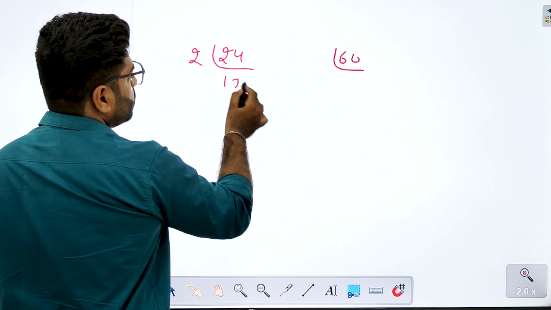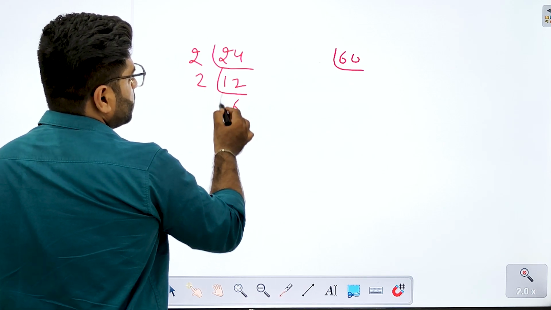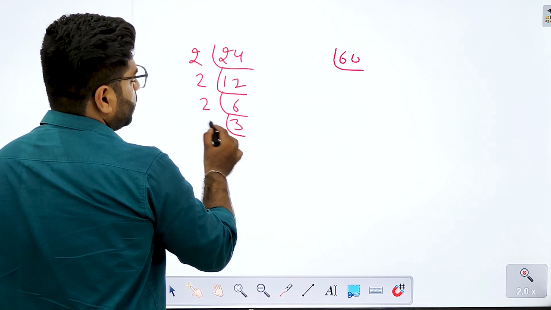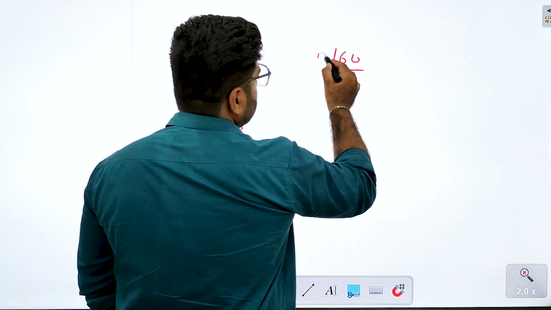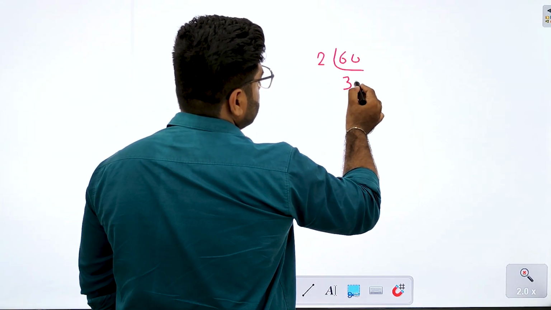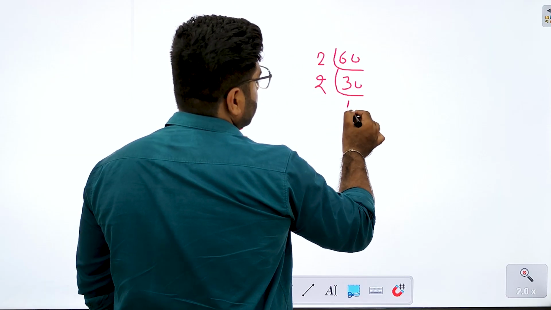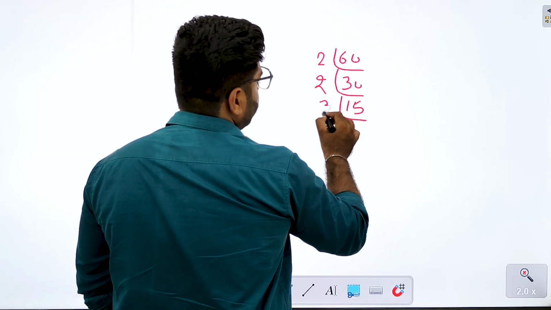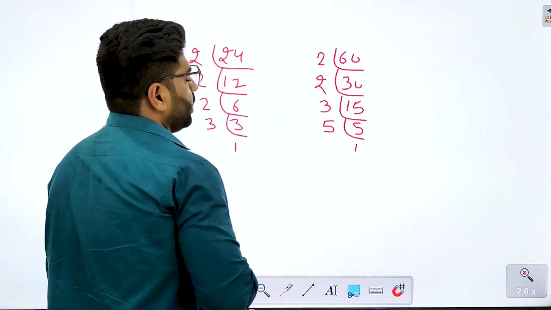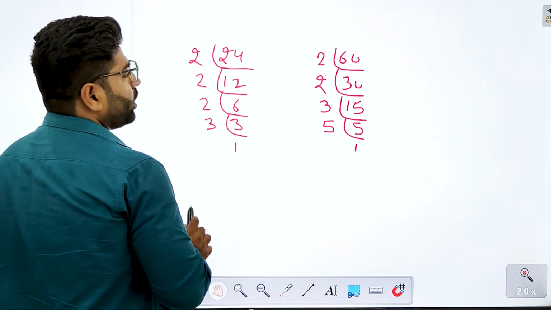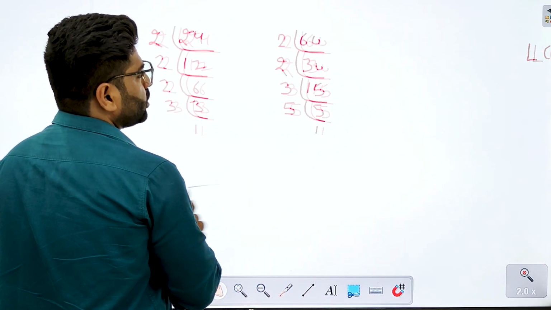This is 2, and this is 12. 2 is 6, 2 is 3, 3 is 1. Here we are having 60, that is 2, that is 30. 2 is 15, 3 is 5, and 5 is 1. Clear? So now we are going to find out the LCM.